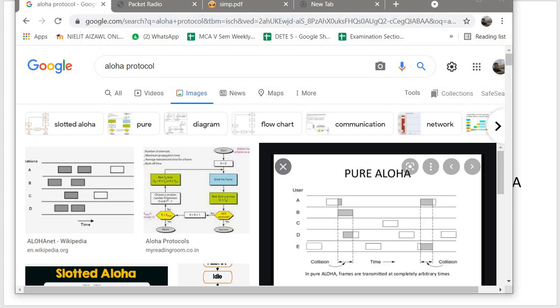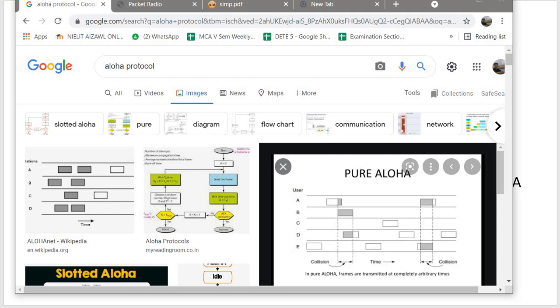While we are transmitting data, we may receive data from other stations. That means there has been a message collision. This is not our data, so the messages collide with each other.